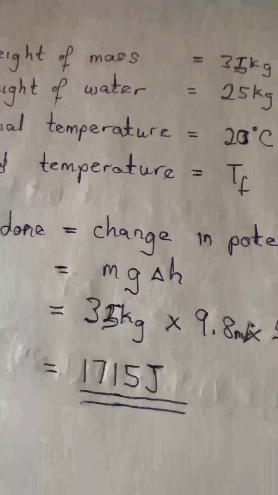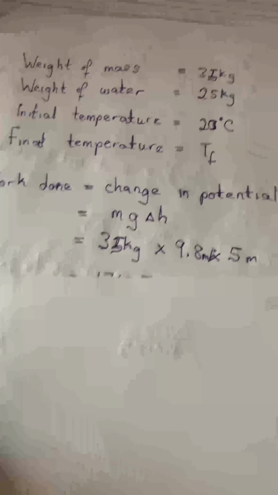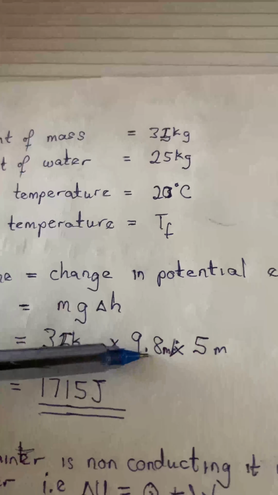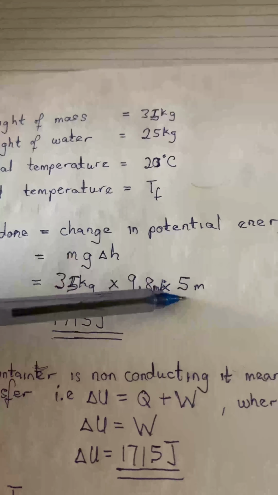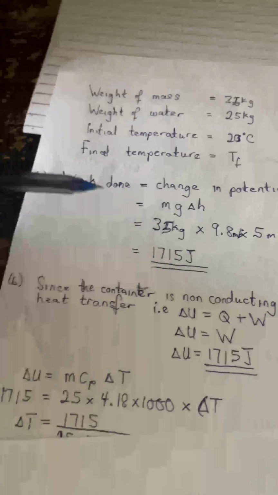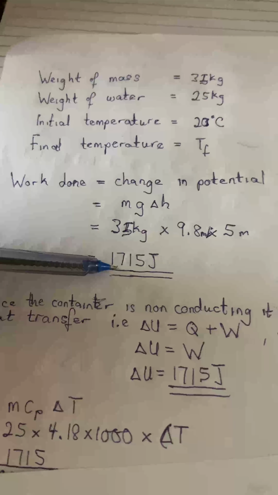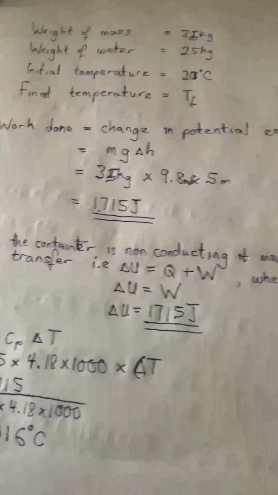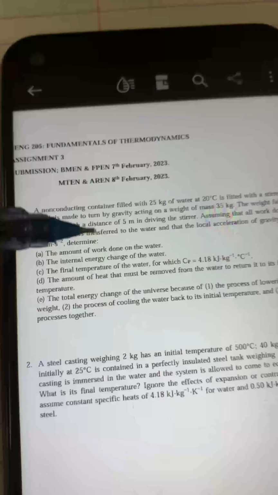We know potential energy is equal to mg times the change in height, and the mass was 35 kilogram times acceleration due to gravity, 9.8 meter per second square, times the change in height, which is 5 meters. And when you do that, you are getting the work done to be 1715 joules.